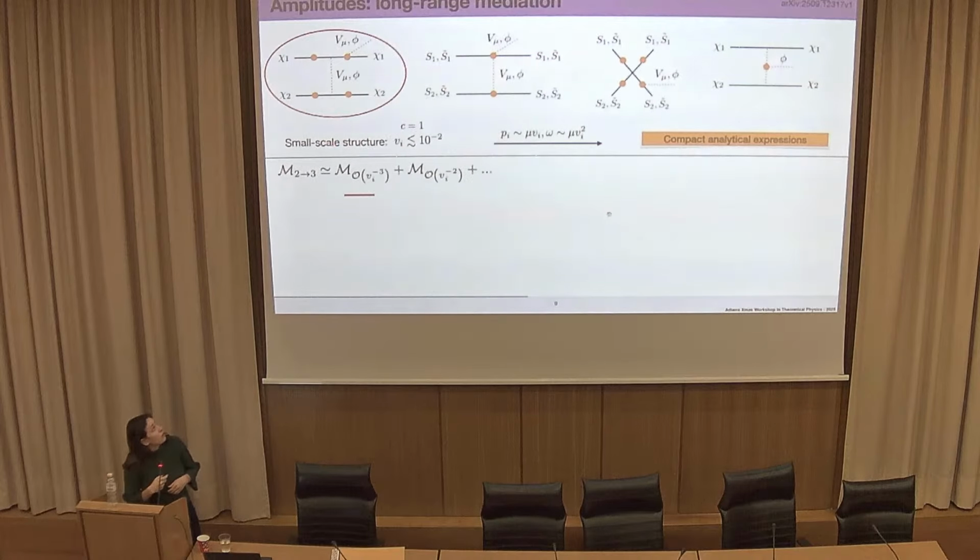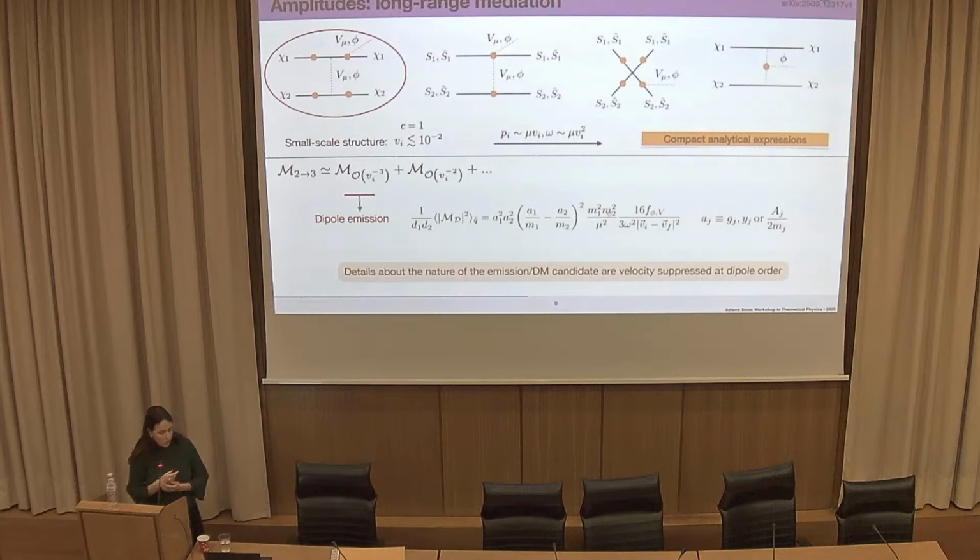So for all of the models we have studied, and for the long-range mediation regime, the dissipative channels that participate in the dipole emission amplitude correspond to this diagram, so an emission from the external leg. And at this order, we realize something really nice: the dipole emission amplitude shows a model-independent kinematic part times a dipole prefactor that is common to all of the models we studied.